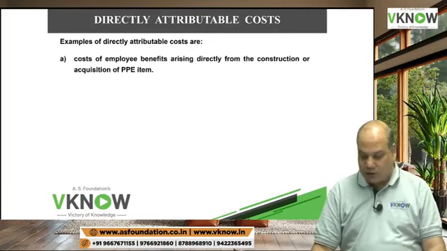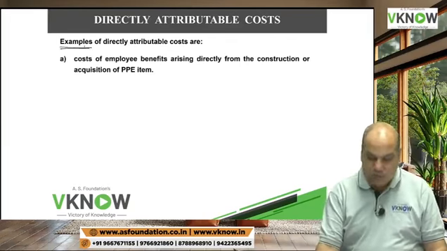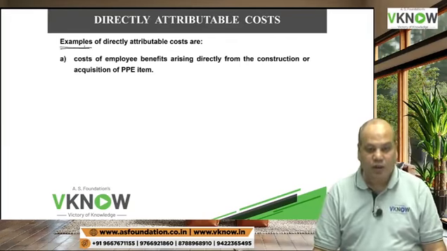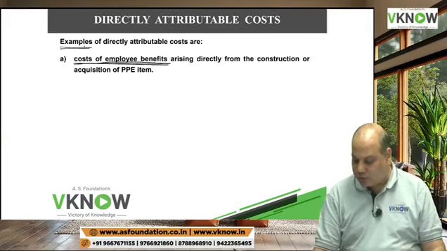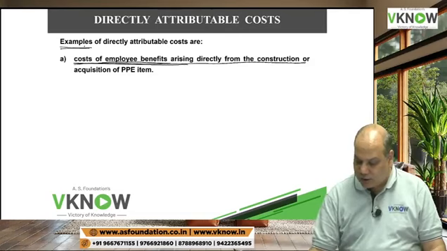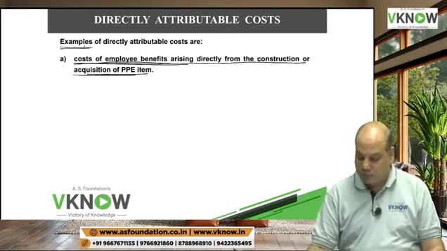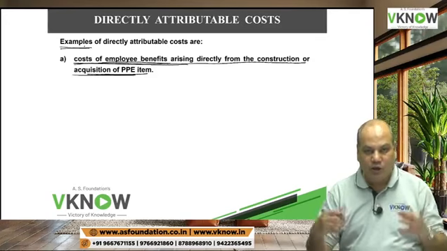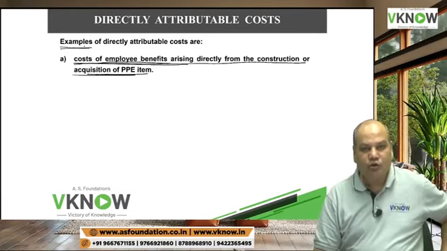Paragraph number 11, these are examples of directly attributable cost. First is cost of employee benefit arising directly from construction or acquisition of a PPE item. So if an employee is involved in construction or acquisition, his salary would be added to the cost of PPE.